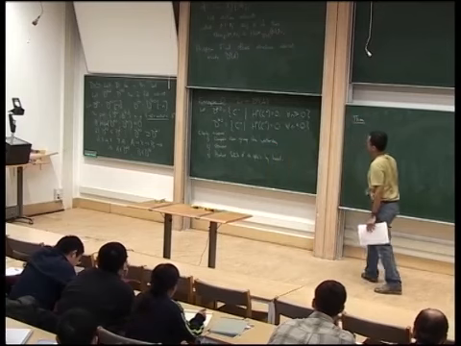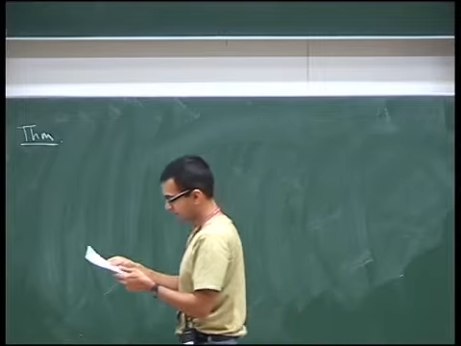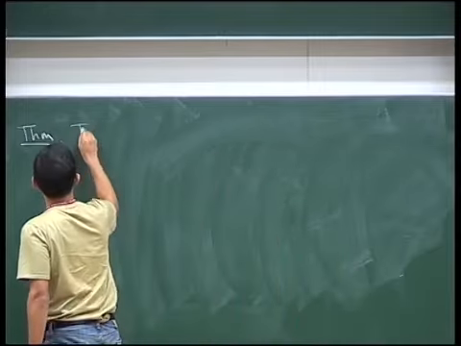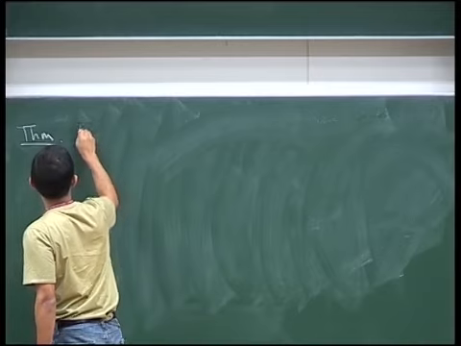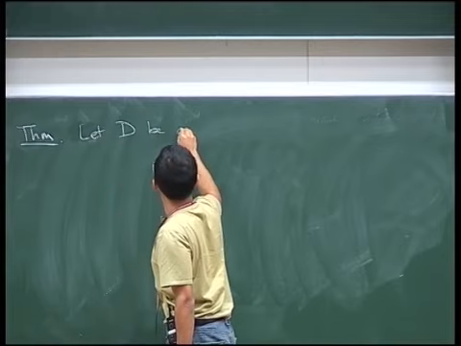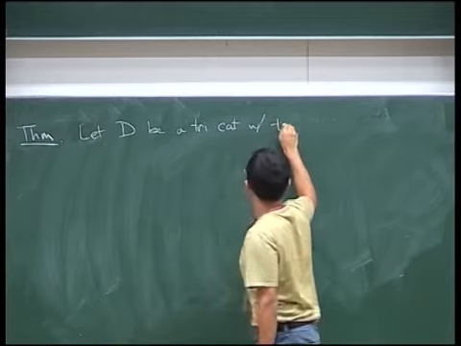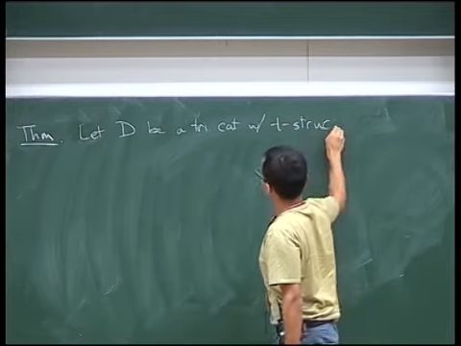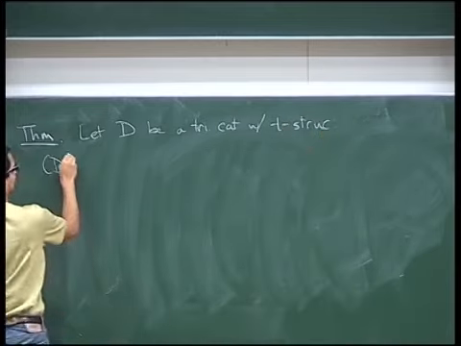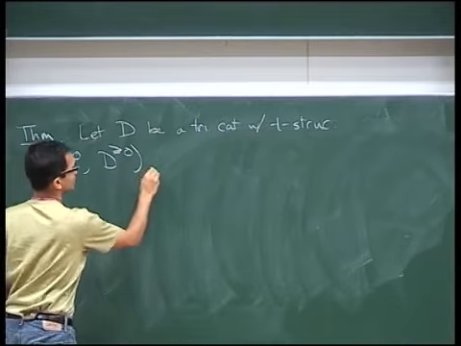And then the theorem, which is the reason for defining T structures, is this. So let D be a triangulated category with a T structure, D less than or equal to 0, D greater than or equal to 0.